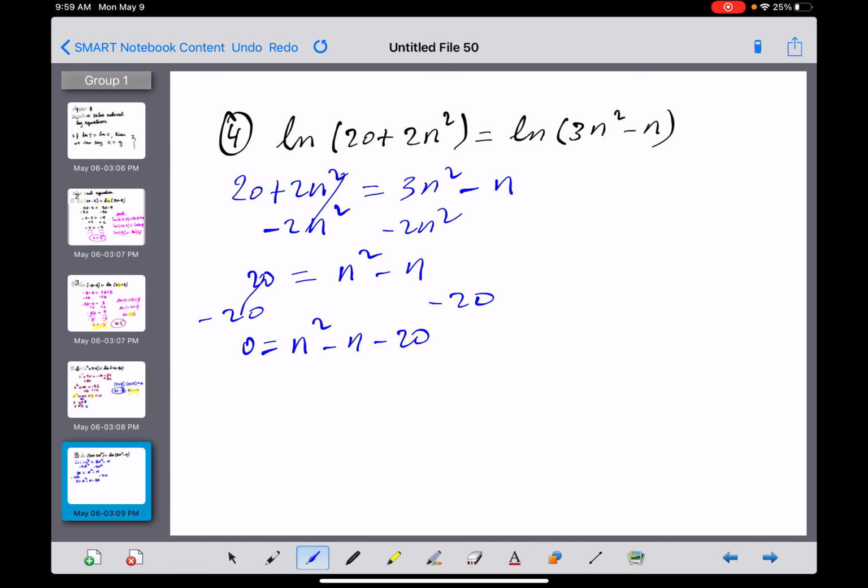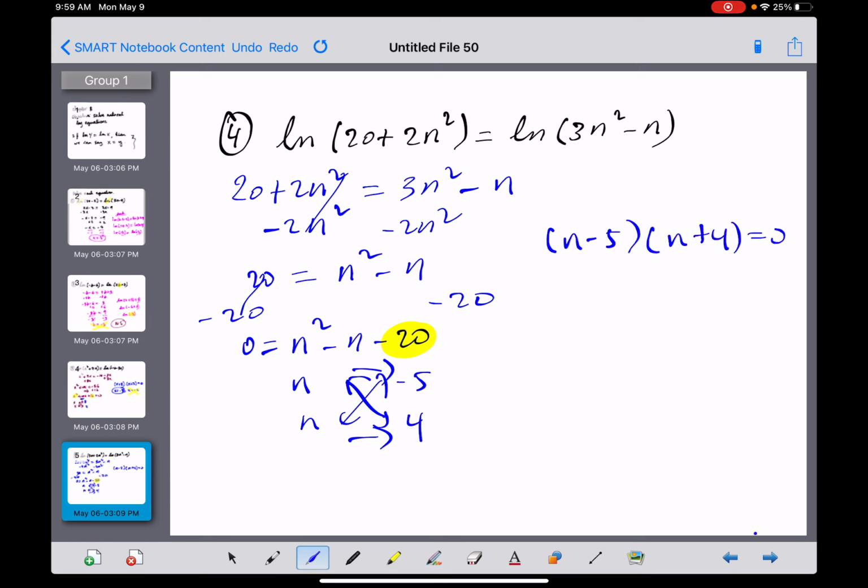Then I'm going to factor, so n squared is n and n. So two numbers that multiply to negative 20, but add up to negative 1. So that has to be negative 5 and positive 4, okay? So right here, look straight across to write down your answers. So we have n minus 5 and n plus 4 equal to 0. So n equal to 5 and n is equal to negative 4, okay?